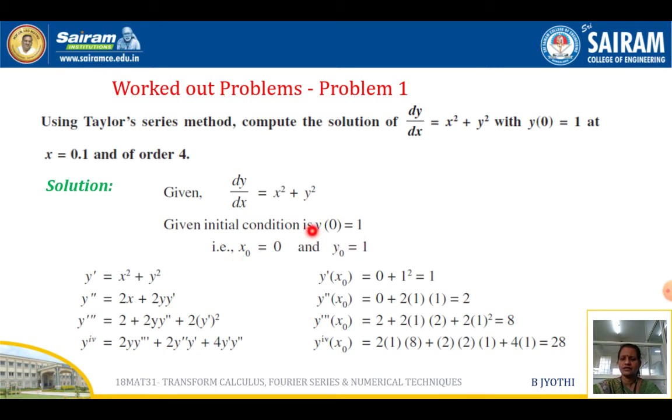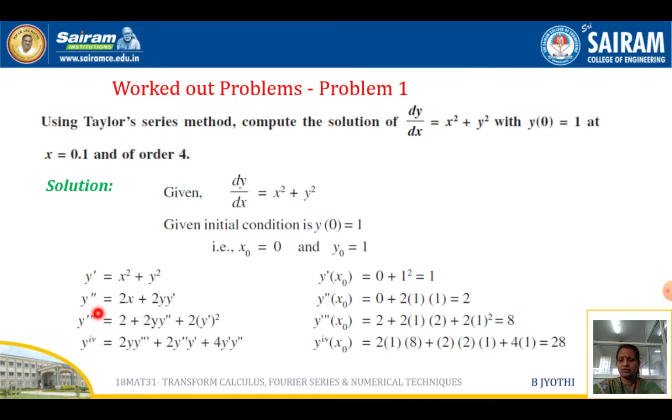That is, x0 is 0 and y0 is 1. So the given equation is considered as y dash, that is equal to x squared plus y square. When we substitute x0 as 0 and y0 as 1, we get 0 plus 1 whole square, 1 square is 1.